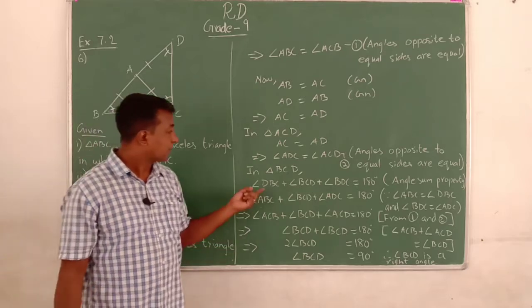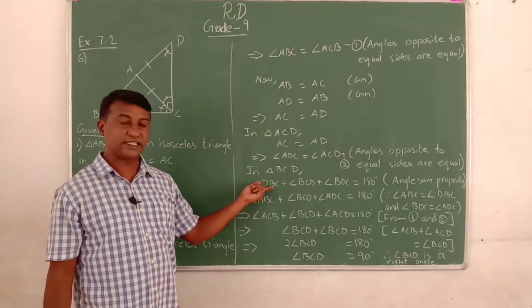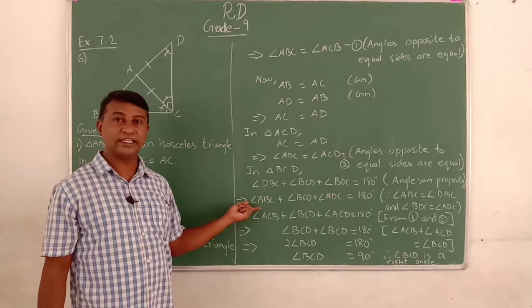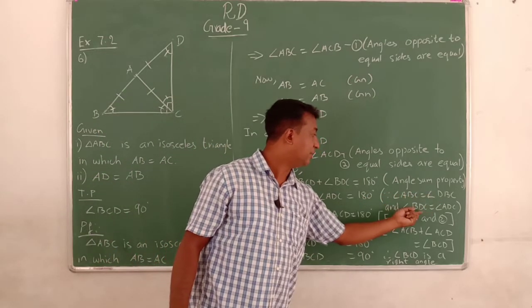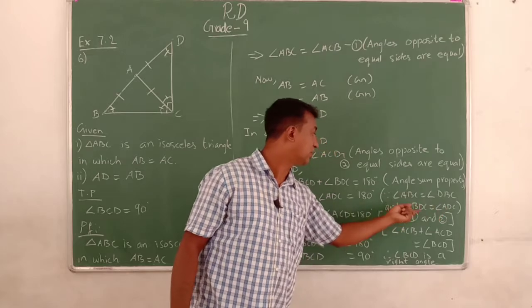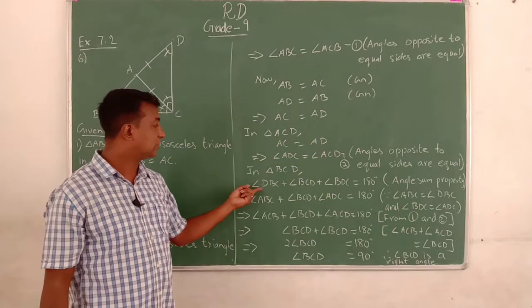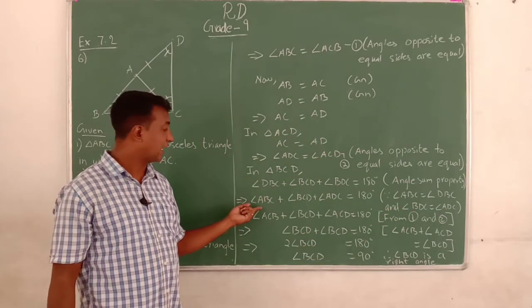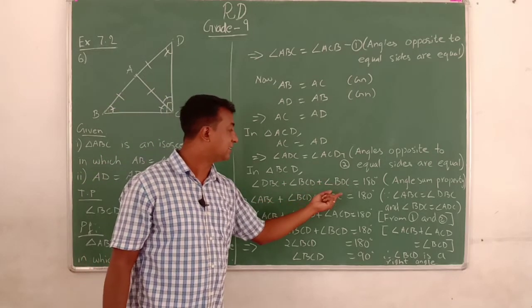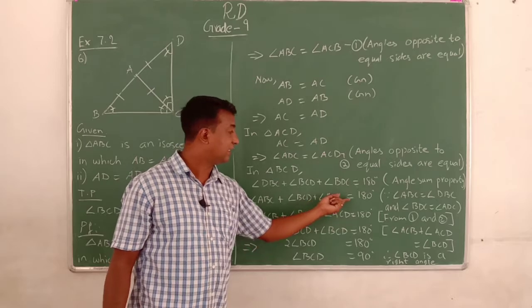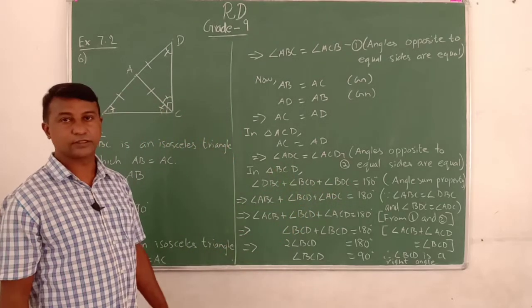So instead of BDC, I have renamed it as ADC, because ABC will be equal to DBC and BDC will be equal to ADC. Based on this, instead of DBC, I have replaced it by angle ABC. BCD I am writing as such. Instead of BDC, I am replacing it by ADC, that is equal to 180 degrees.